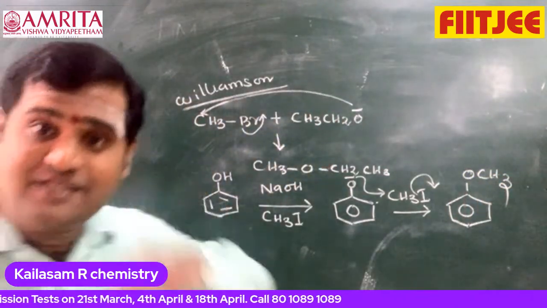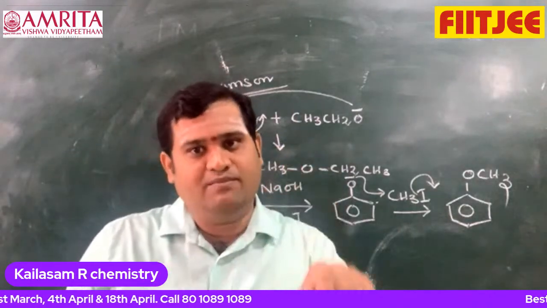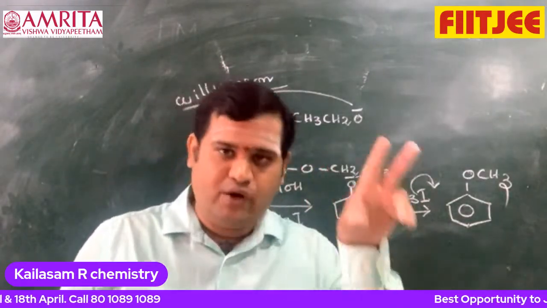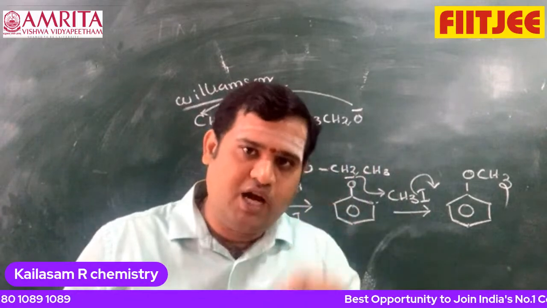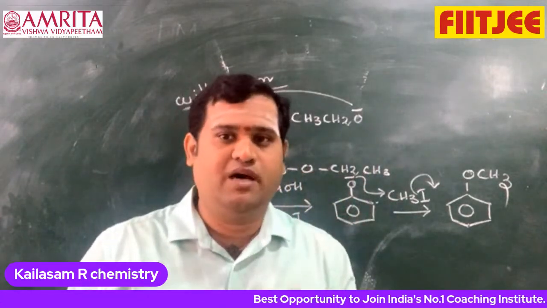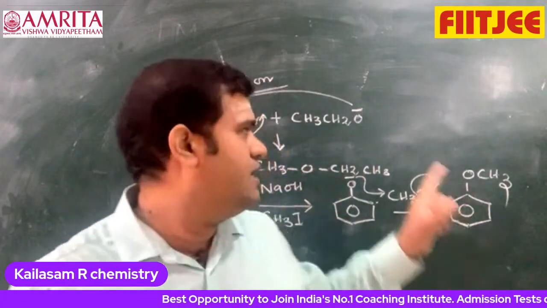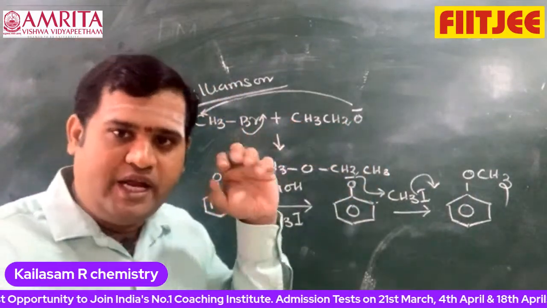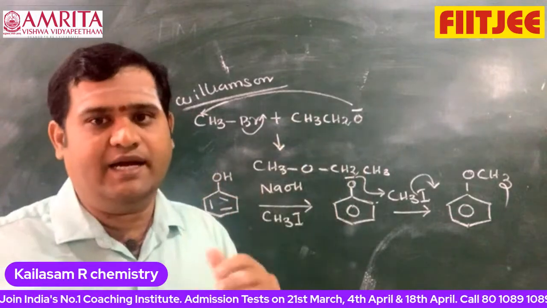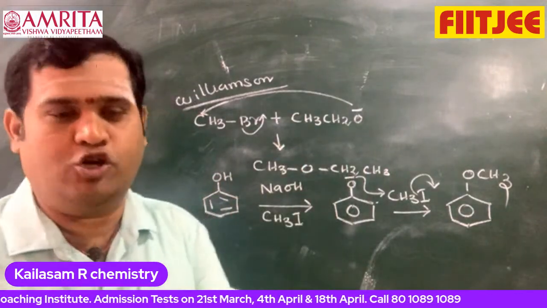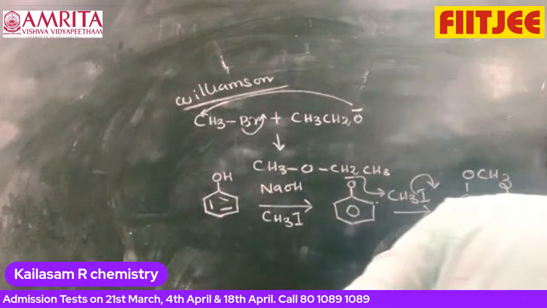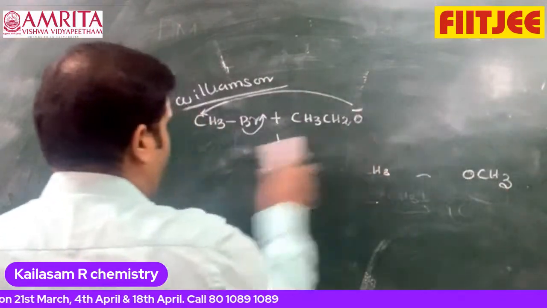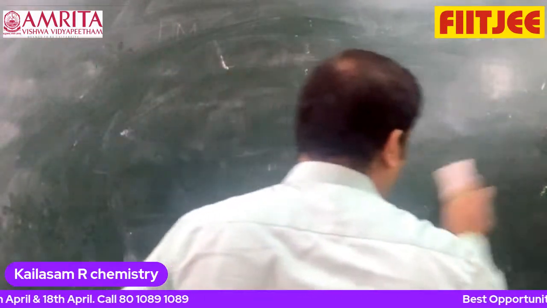But the drawbacks of Williamson ether synthesis: if I take a secondary or tertiary alkyl halide, we end up with alkene. Why? Here, this is a base as well as a nucleophile. When I take a secondary or tertiary halide, we end up with elimination product. Look at the example. That's a drawback of Williamson ether synthesis.